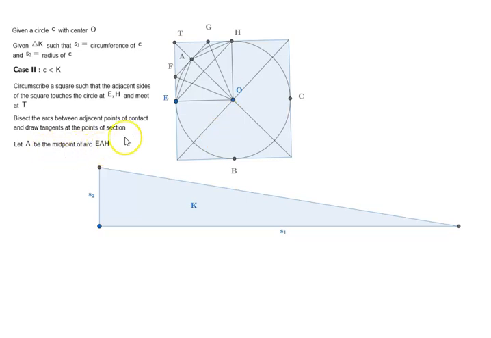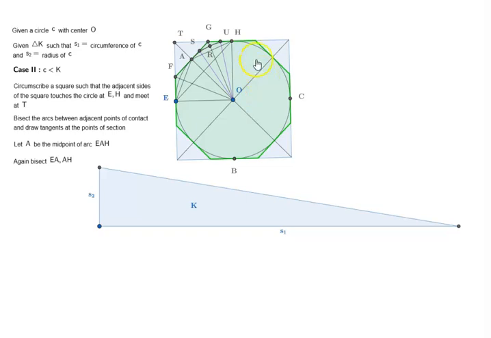Let A be the midpoint of arc EAH. Again, bisect EA and AH. So now we bisected the arc EH, and now we bisect these two. Here I have bisected EA and here I have bisected AH.